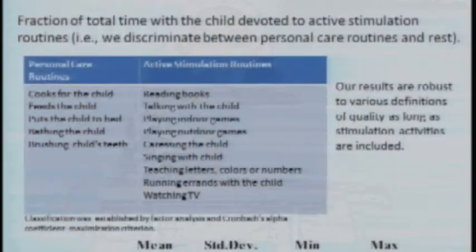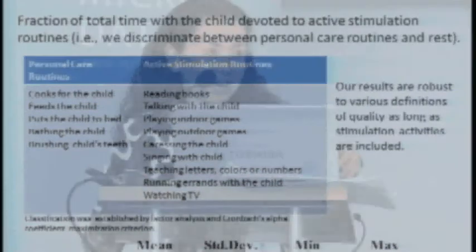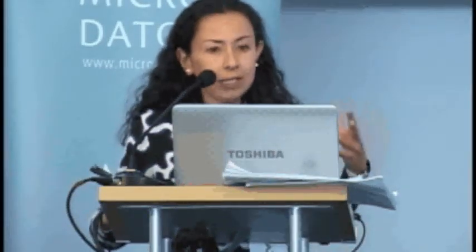So active stimulation routines, we basically factor analyzed all daily routines and frequencies that the mothers report doing with the child during weekdays. And the factor analysis gives us two most important factors. The first one discriminates by frequency, so the activities that are done more frequently over the week, and the second factor discriminates by nature of activity, and this is the discrimination that you obtain from the factor loadings in the second factor.